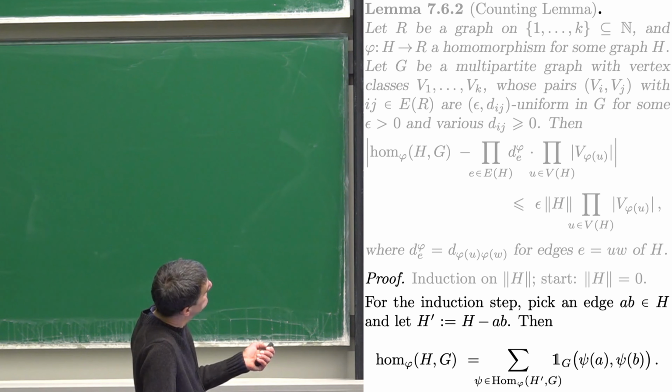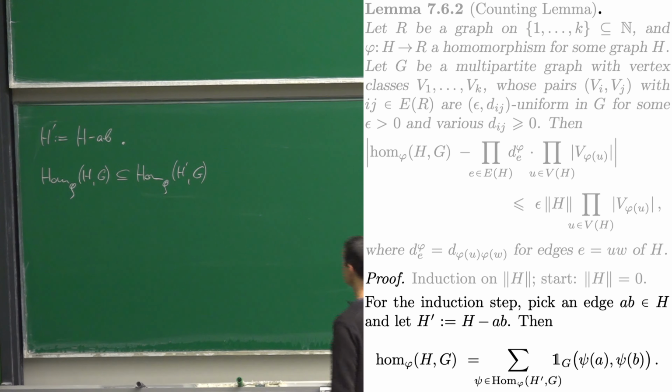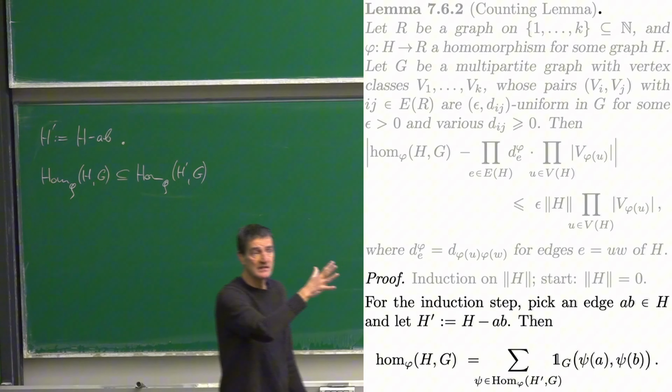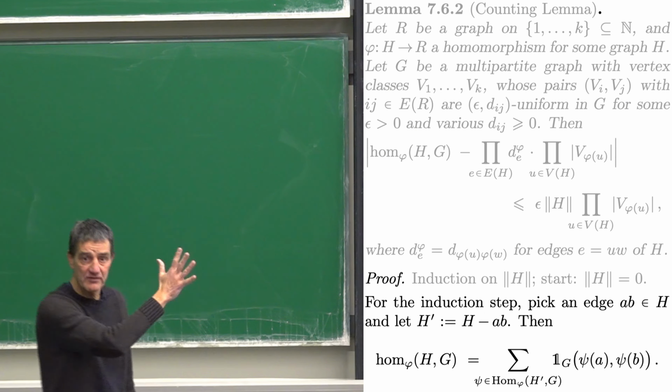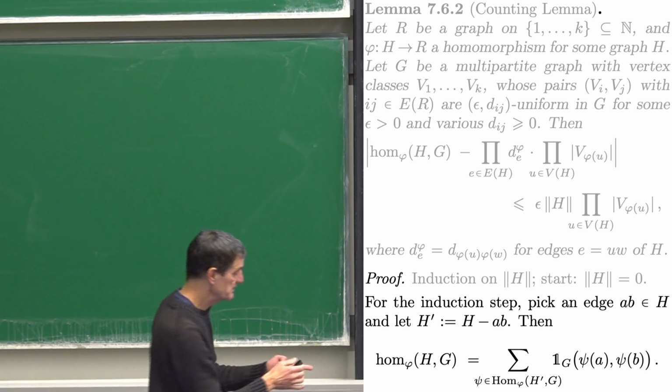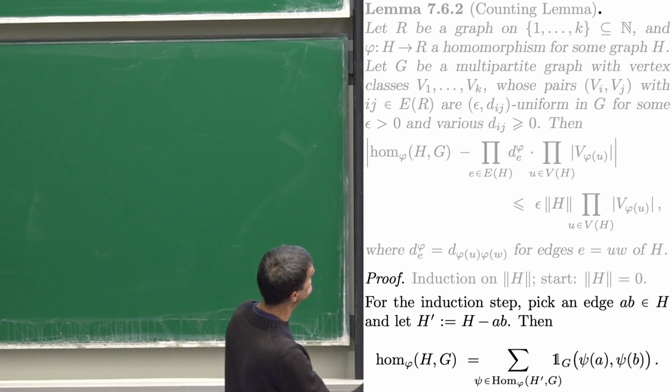This sum here sums over all the homomorphisms from H prime to G. We consider all those, and then we want to count 1 for the good ones and 0 for the bad ones. And that's what this function does here. This is the indicator function for the image under this psi.